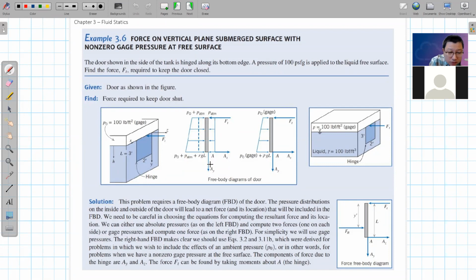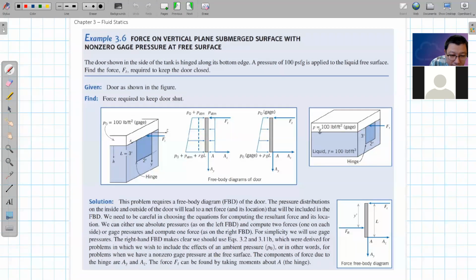For this problem, we have a water tank, filled with water, and we assume we have a door here, and the hinge of the door is at this location.